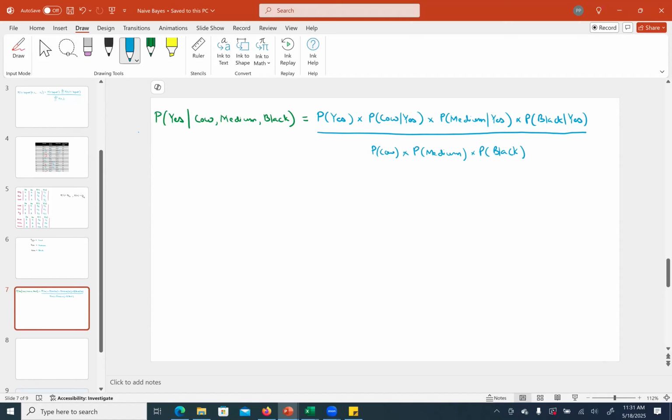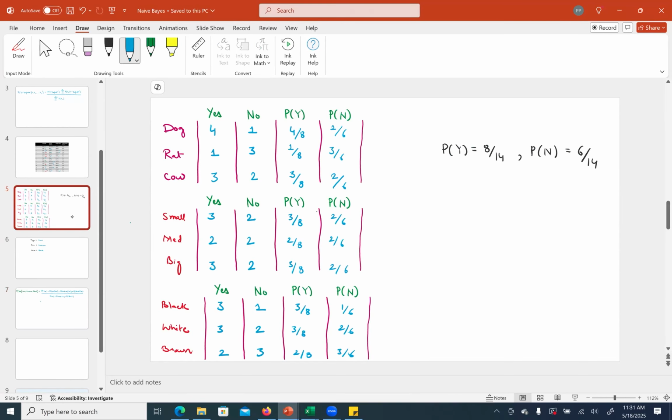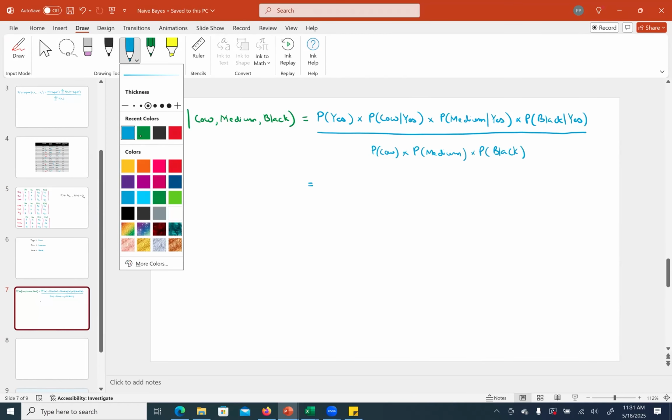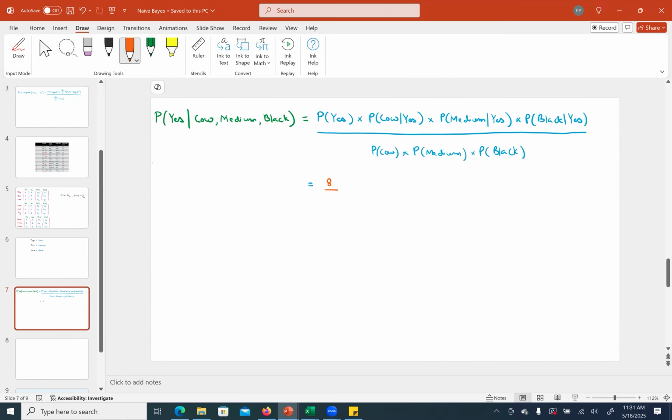Now, because we have the table ready, you'll see how easy it is to impute all the values. What is the probability of yes? 8/14. 8/14 is the probability of yes, because the total data points are 14, out of which 8 are yes.